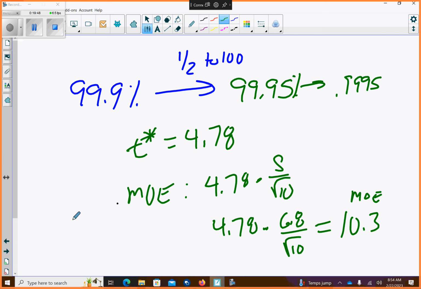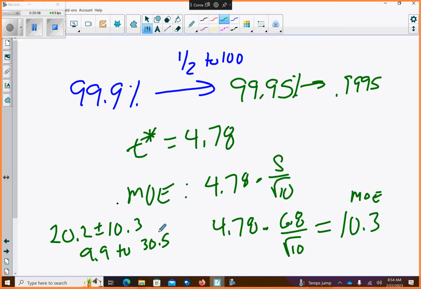Okay, so we're going to go our mean plus or minus the 10.3. So 20.2 minus 10.3 gives 9.9, to 30.5.